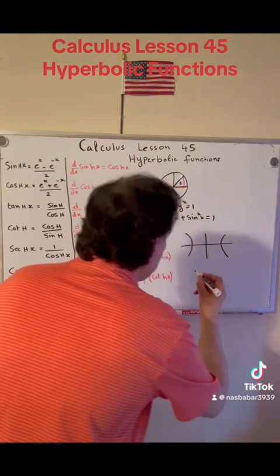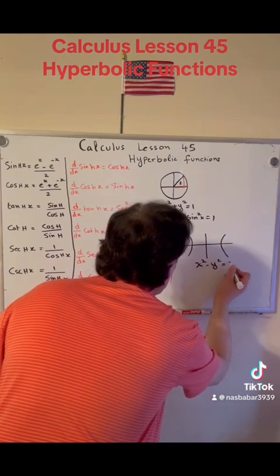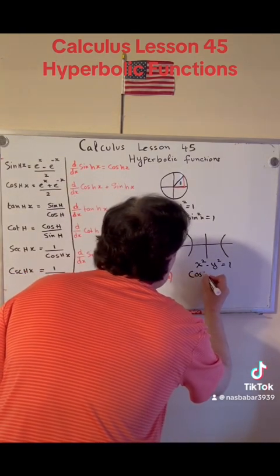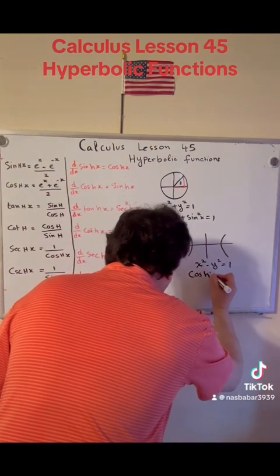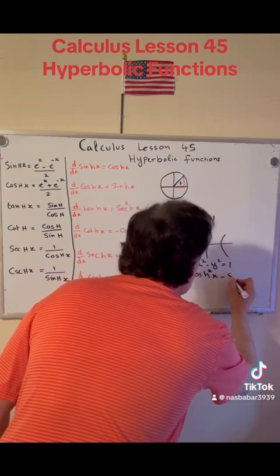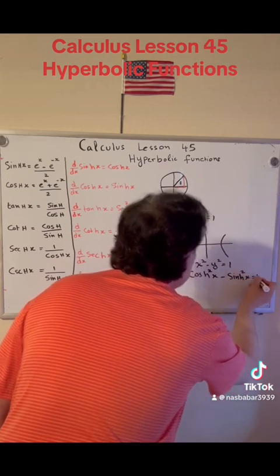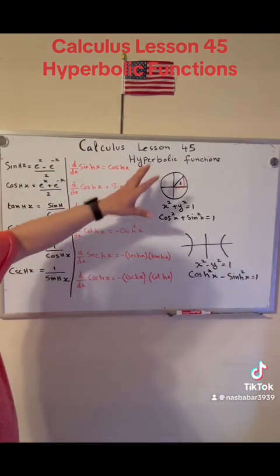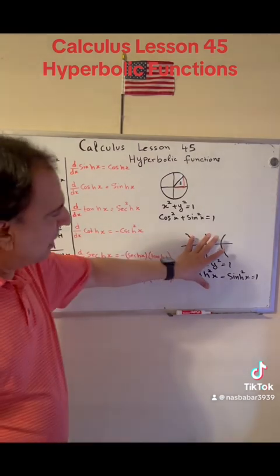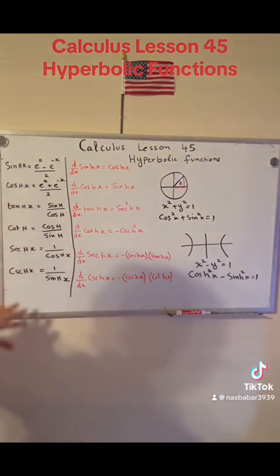In the case of a hyperbolic function, it's x square minus y square is equal to 1, or I can write this as cosine hyperbolic square x minus sine hyperbolic square x is equal to 1. This shows you how a trigonometric function looks and how a hyperbolic function looks.